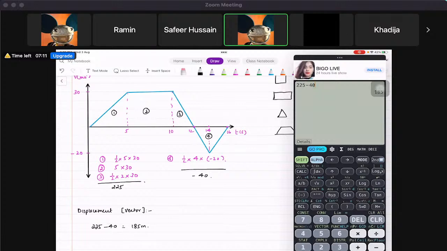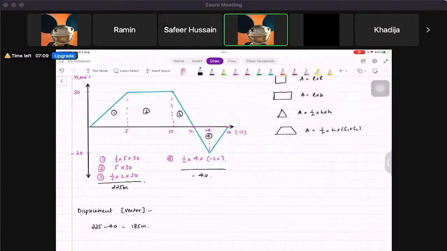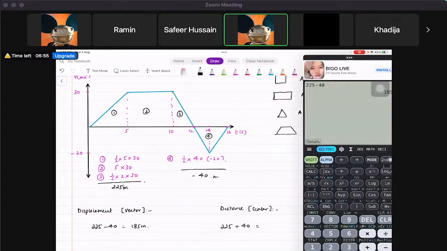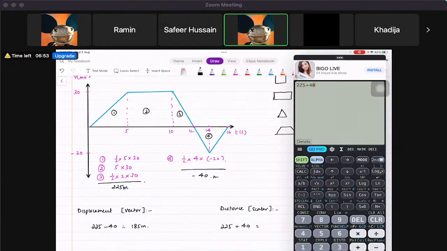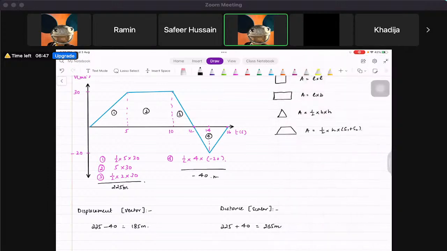However, if they say distance, because distance is a scalar quantity, we're going to ignore the signs and just add them up. That's what you need to remember, because this shows you why displacement and distance are different. So this will be 265. The total distance moved was 265, but the net displacement was 185. Is it clear, everybody?